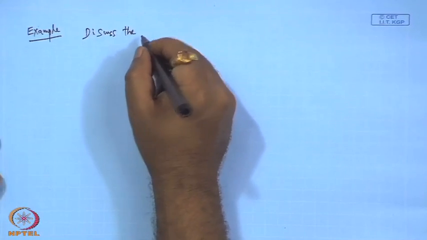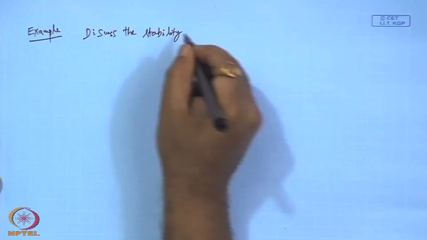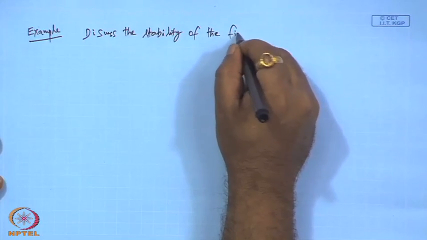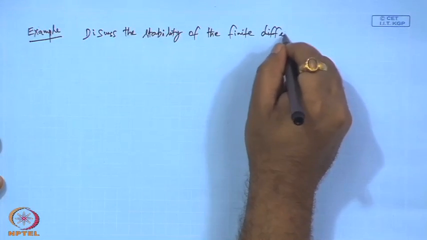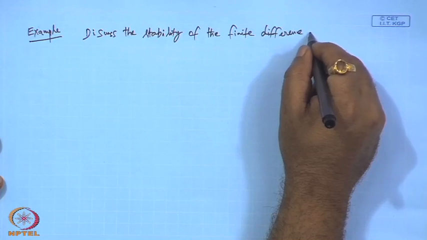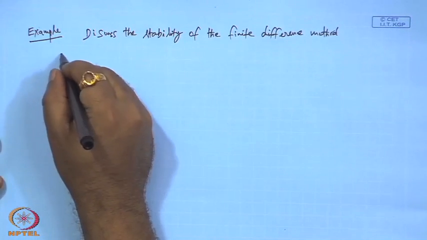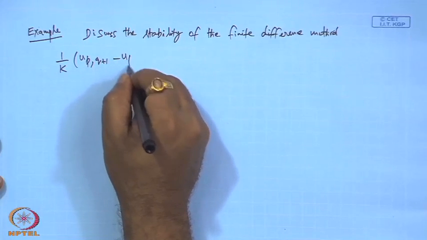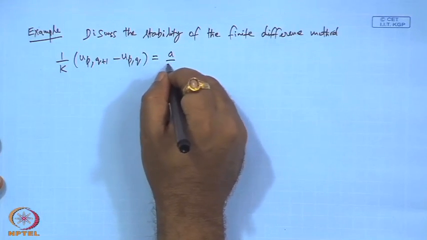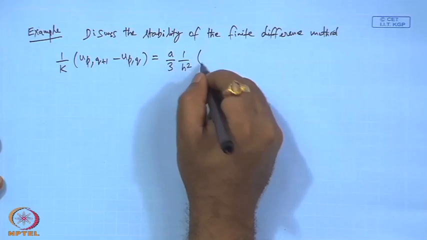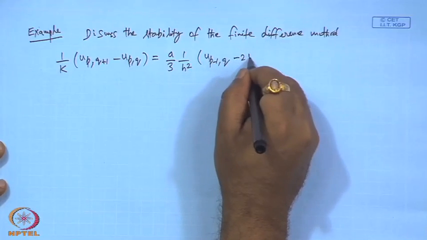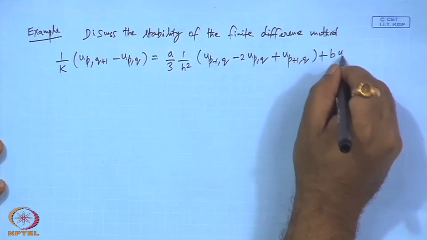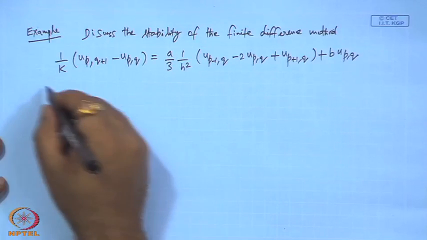So, discuss the stability of the finite difference method approximating.